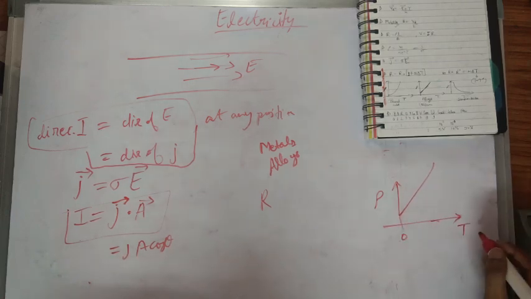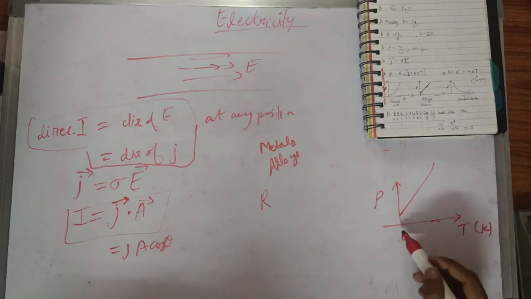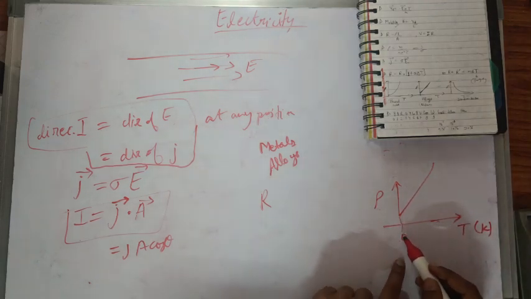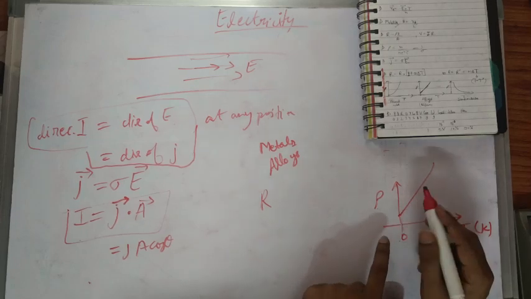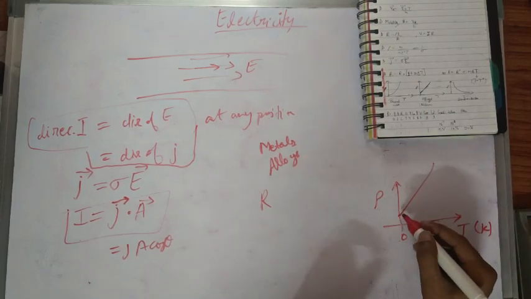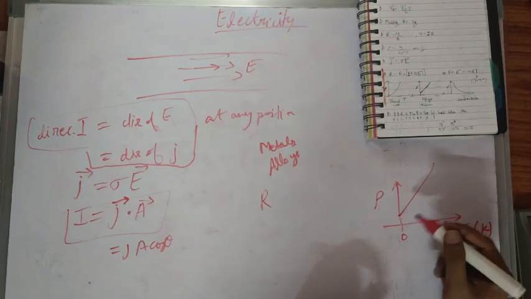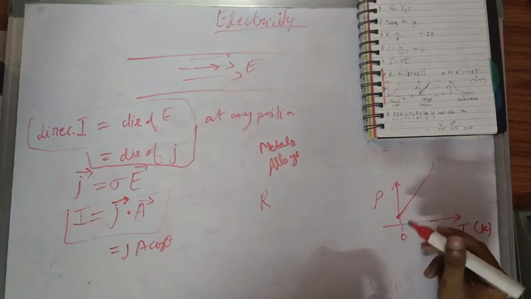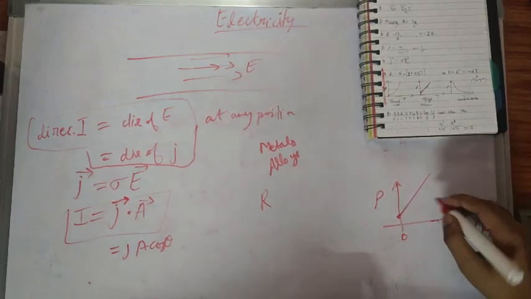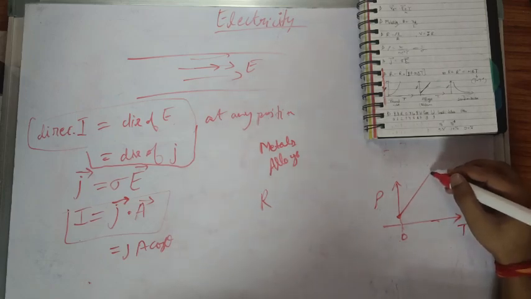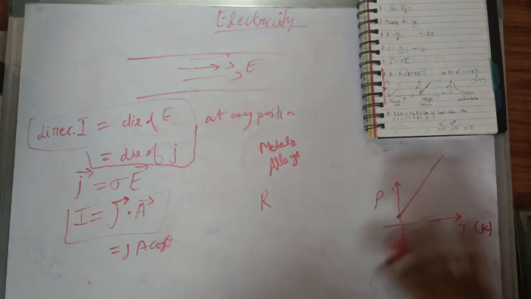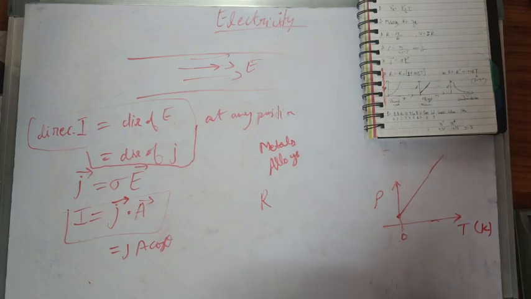The temperature is in Kelvin scale. When the temperature is absolute 0 Kelvin, there is some finite resistance of a metal or alloy. There would be some resistivity, and with increase in temperature, the resistivity increases approximately linearly.